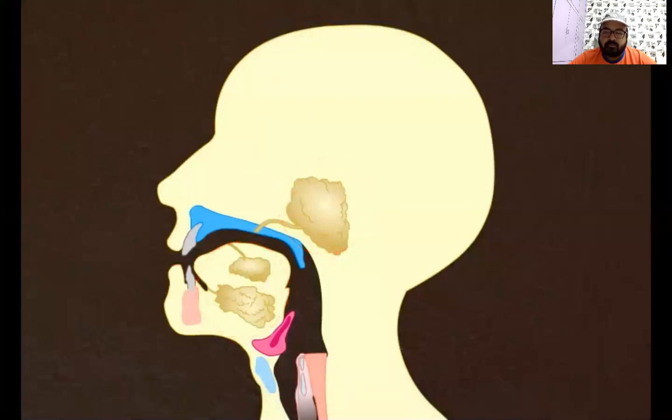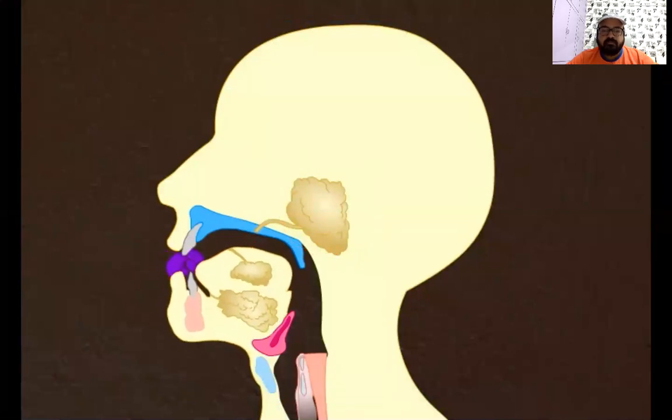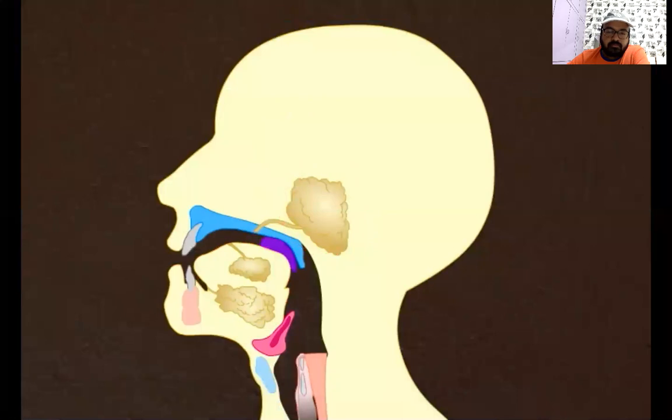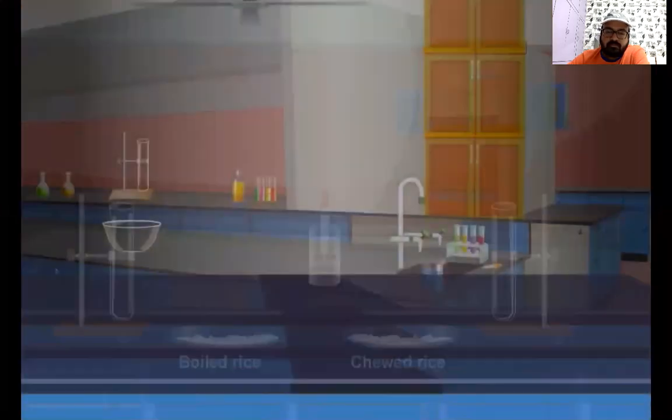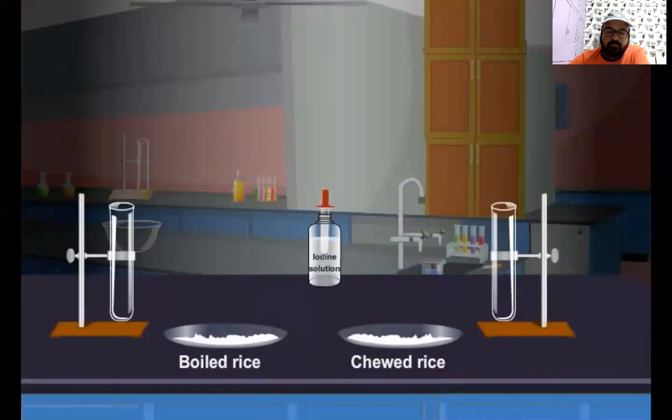Now, why is this saliva important? We eat a number of food items which have fat or starch. There are enzymes present in the saliva that help in the breakdown of these fats or the digestion of starch. Let's do a small activity to understand the action of saliva on food.